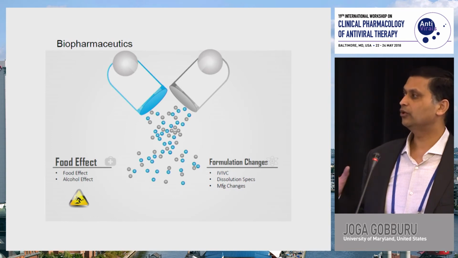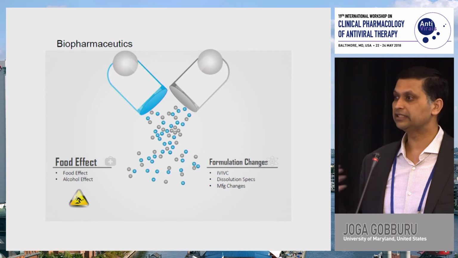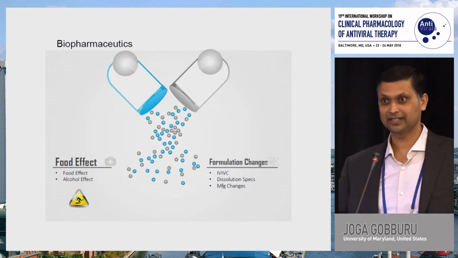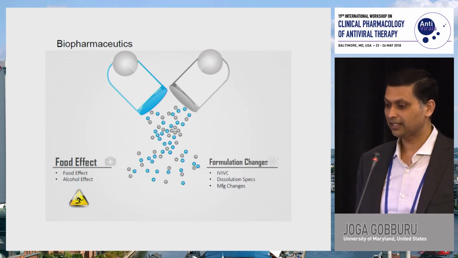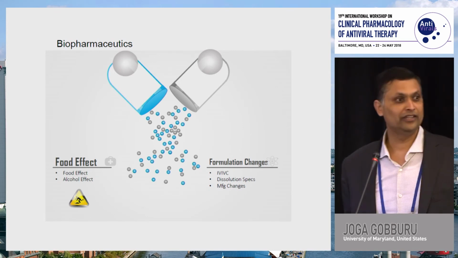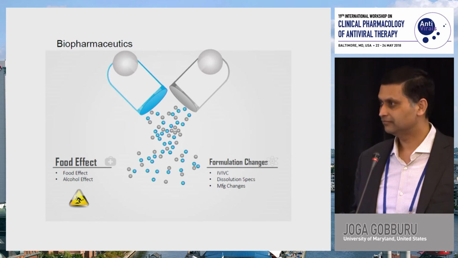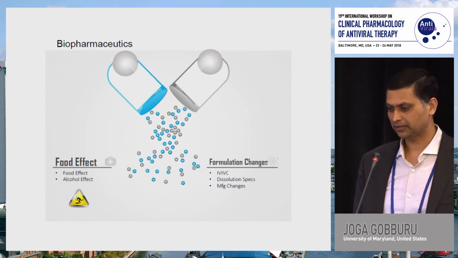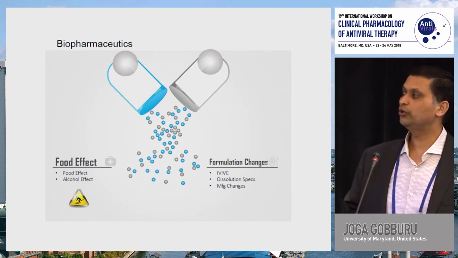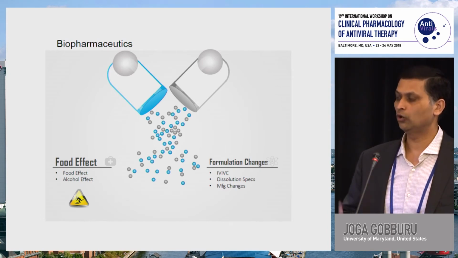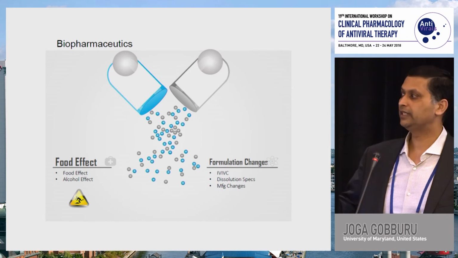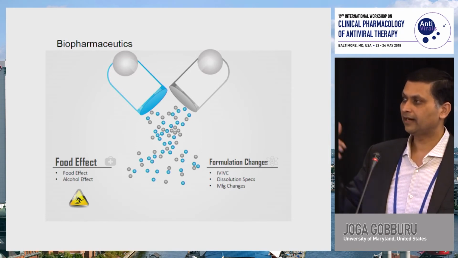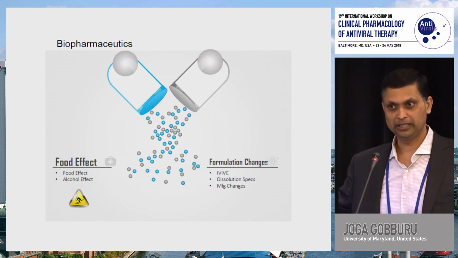Then you either have to establish an IVIVC, in vitro in vivo correlation, like the same thing you do with Ki versus in vivo intrinsic clearance, or you do an in vivo bioequivalence study. And you don't want to do that, or people don't want to do in vivo studies as much as possible. So you could use PBPK to understand or correlate what happens with the different excipients in terms of their effect on absorption and bioavailability in vivo.